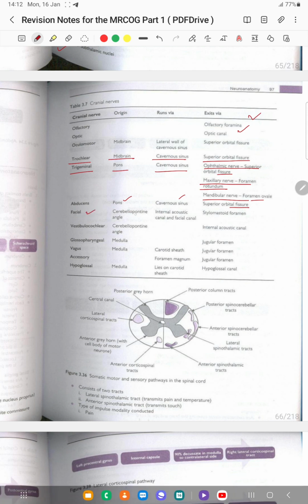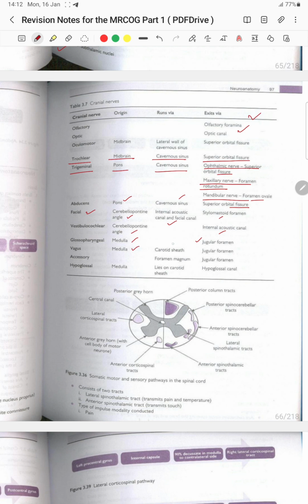The facial nerve originates from the cerebellopontine angle, runs by the internal acoustic canal and the facial canal, and exits by the stylomastoid foramen. Similarly, the vestibulocochlear originates from the cerebellopontine angle and exits by the internal acoustic canal. The glossopharyngeal originates from the medulla and exits by the jugular foramen.